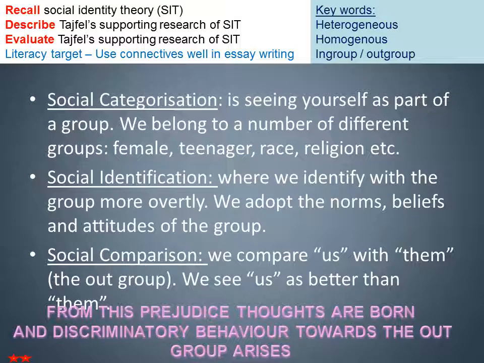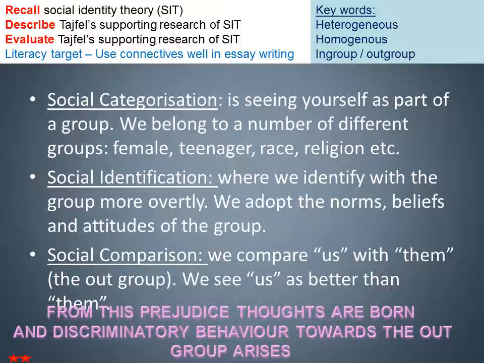Now, social identity theory suggests that there are three phases or three subcategories that we will go through. Now, the first is social categorisation, and this is the part where I categorise myself as being a part of the in-group. Now, we might have a number of different in-groups. We might be blonde or female or a teenager or a Christian. Social identification is where we identify with that group more openly.